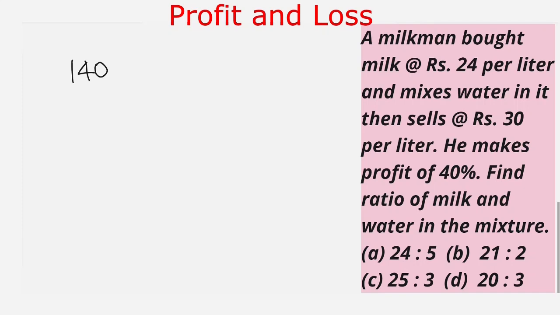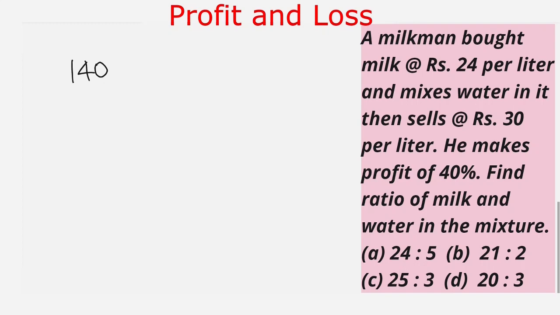As he buys the milk at rupees 24 and sells at rupees 30 per liter, it means that he is making a profit of 6 on 24, which is 25%, and 100 plus 25 is 125%.